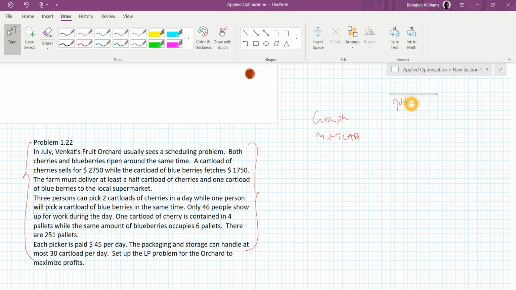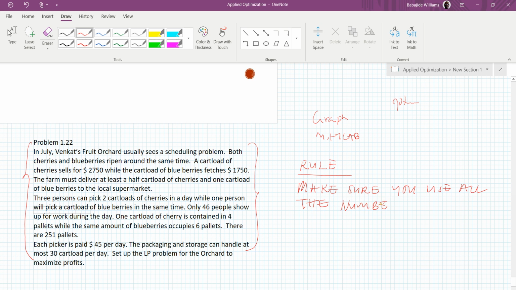So if you look at this question, let me say something again. An important rule that works for me is this. Make sure you use all the numbers given in the question. Anything that is given in the question is important.